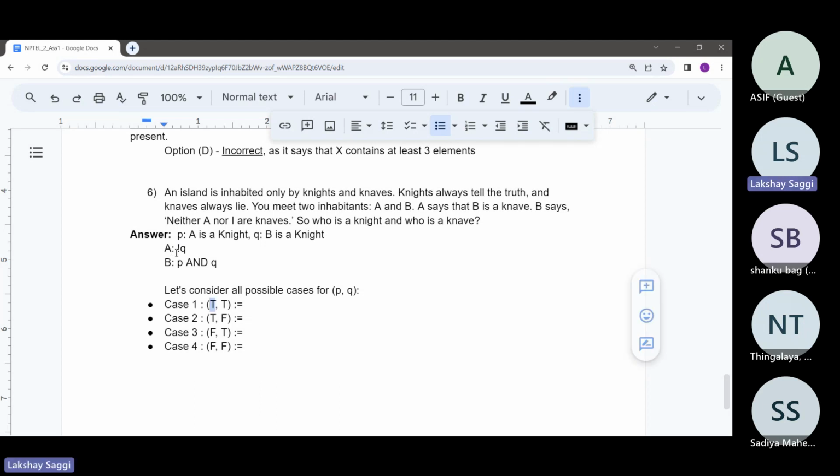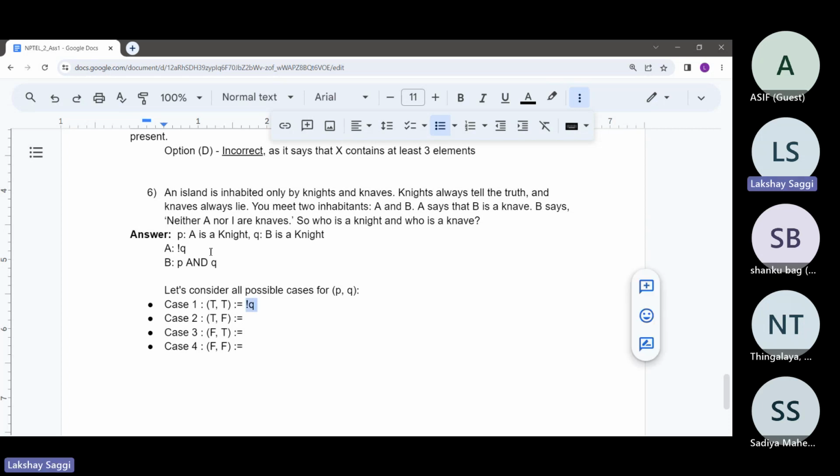So if P and Q both are true, what this means is that A and B both are telling the truth. So if A and B both are telling the truth, this means that not Q is true.